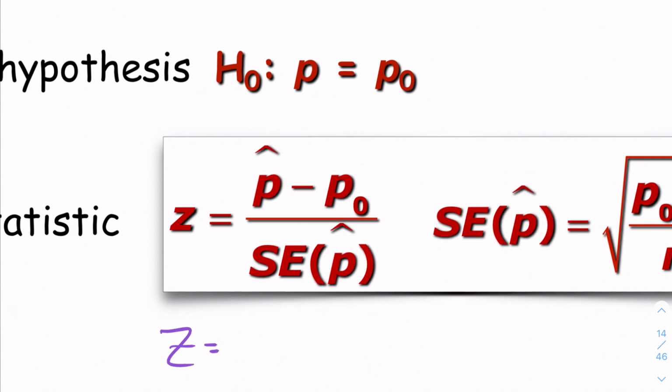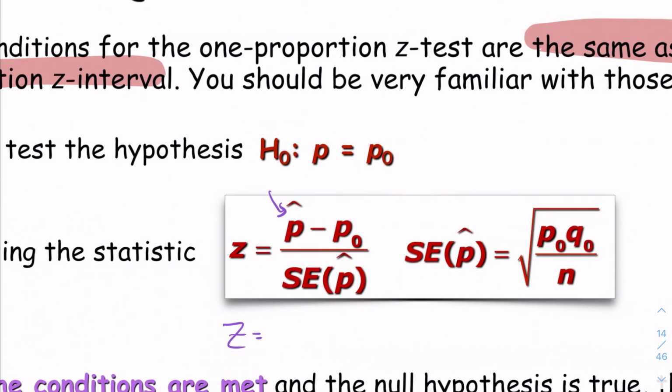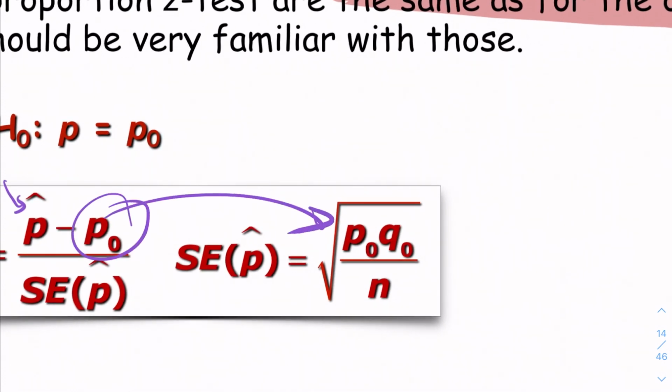Well, if you remember, the z-value is just your value minus the mean over the standard deviation. Well, we've done this before, only this time our value is p hat minus the assumed hypothesized proportion divided by the standard error, just like we found. Standard error for the hypothesized proportion would be the square root of p naught q naught over n.